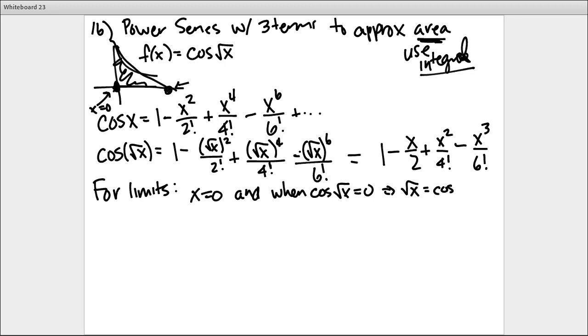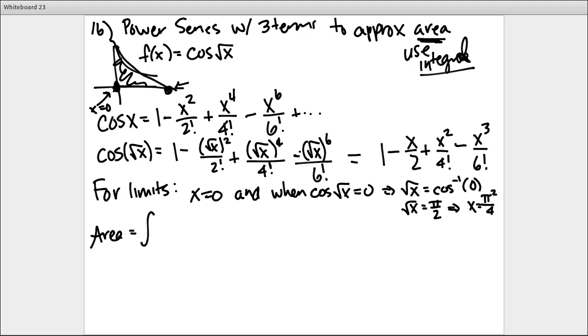That means that rad x is your angle. I know that looks weird, but then we'll have inverse cosine of 0. So when is cosine 0? Well, at pi over 2, which then means that x is equal to, squaring both sides, pi squared over 4. So that'll be your upper limit.